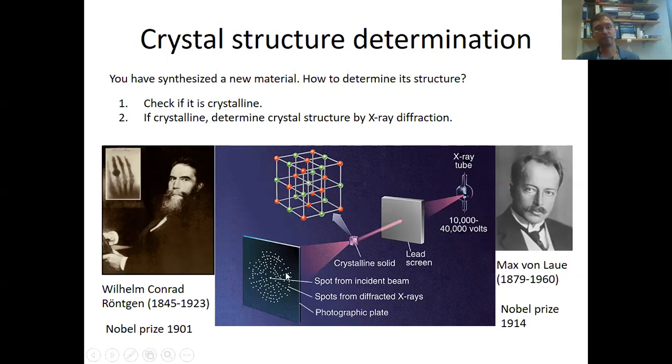And basically the pattern that you produce is characteristic for the crystal. So the pattern which is produced is a signature of the crystal structure. Okay? And the principle of crystal structure determination from X-ray diffraction is to analyze the diffraction pattern, and using certain methods, which we will discuss in more detail shortly, derive the crystal structure from the observed X-ray diffraction pattern.